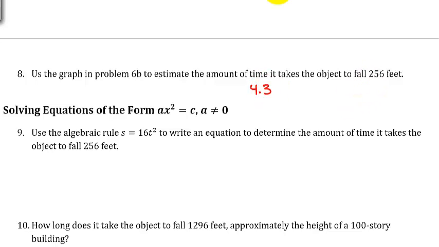If you want to do this algebraically, this 256 is the s value. So this is our distance, which is s. Replace the s with 256, and that's equal to 16t squared. So we want to undo this. The first thing we need to do to get t by itself is divide both sides by 16.